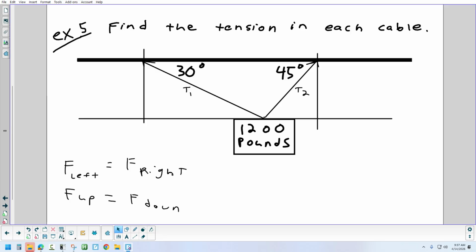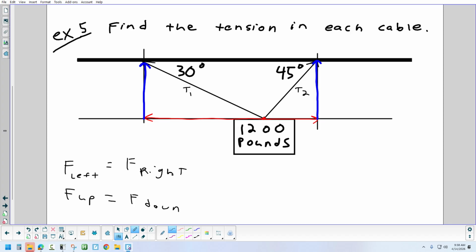So this is kind of like the velocity problem now. I'm going to break down each tension into a horizontal and a vertical component. I've got a horizontal component from cable 1 and a horizontal component in cable 2, and a vertical component in cable 1 and a vertical component in cable 2.